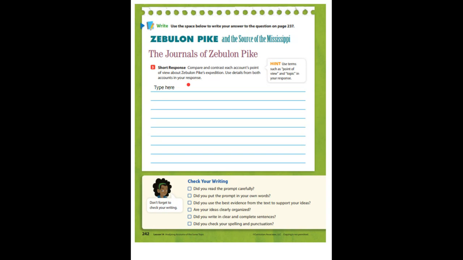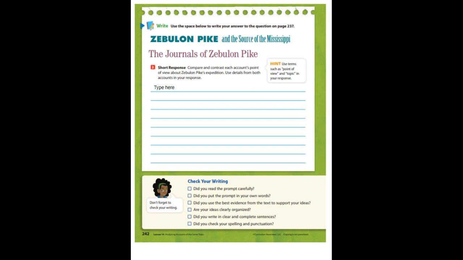When it says use details, that does not mean put everything in your own words and state your opinion. When we use details, we are citing text evidence. So I need to see something that says, for instance, in Zebulon Pike and the Source of the Mississippi, the author George Chester stated, quotation mark, and cite some text evidence.